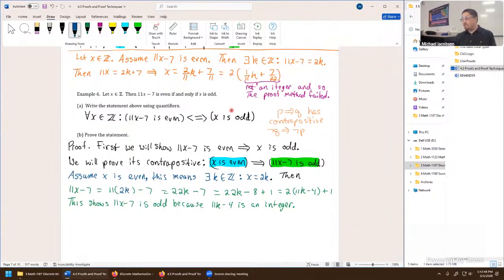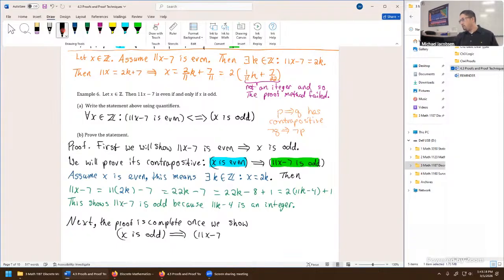So let's take that step again and say, next, the proof is complete once we show x is odd implies 11x minus 7 is even.